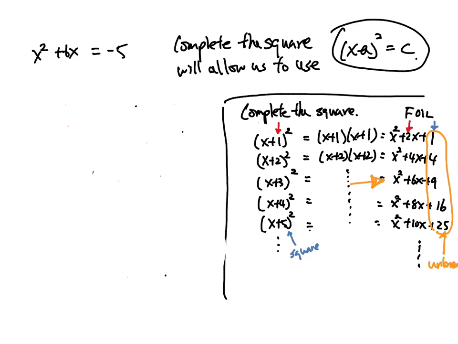Right? So that means, hey, you know what? I need to figure out what my constant is to make it a perfect square. So to figure out the constant, what I will do is take the number in front of x, take half of it, and then square it.